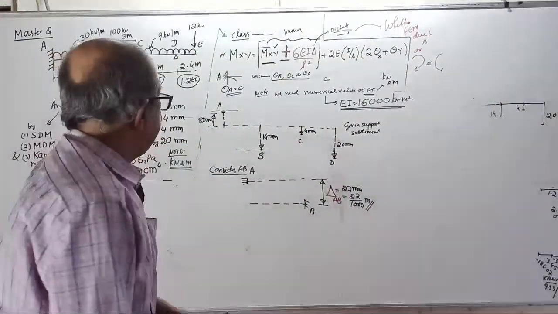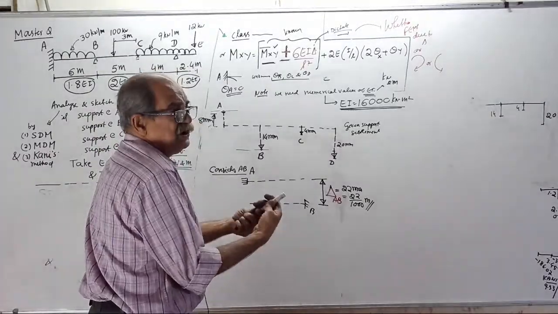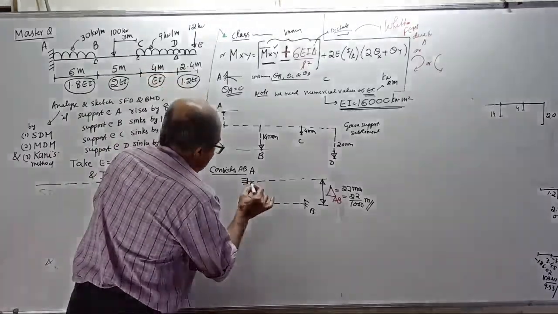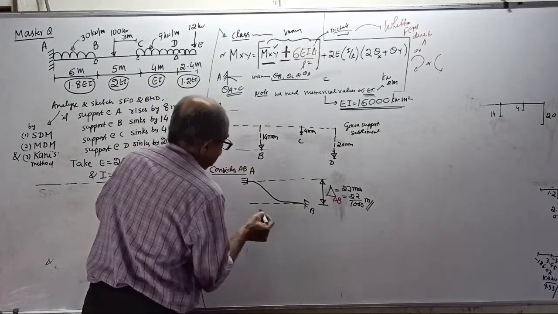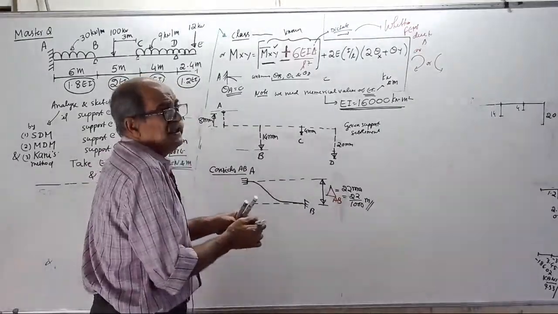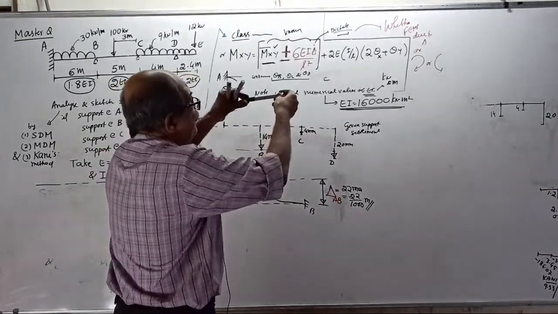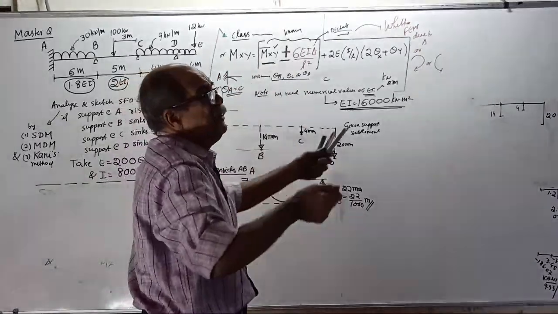Therefore, now do one thing. Draw the elastic curve. See here. This is the elastic curve. So, I told you, preventing case: if the member comes this way, suppose you drive a car.